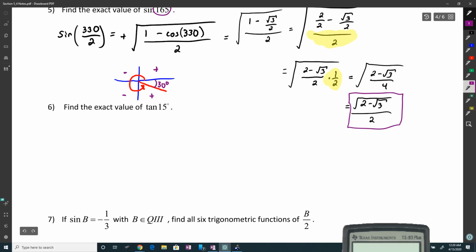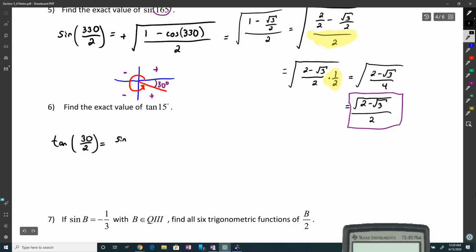Okay, the next one, find the exact value of tangent of 15. This is the same thing as tangent of 30 over 2. Everything's in quadrant 1 for this problem, so everything's going to be positive. For tangent, it doesn't matter, it'll work itself out.